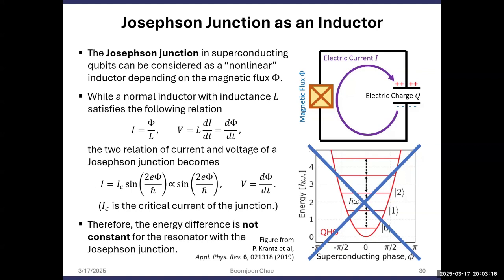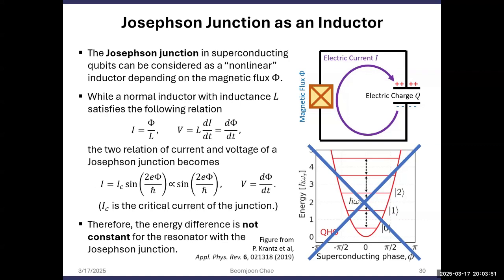But in the case of the Josephson junction, the current and the voltage are described like this. So as you can see, there's some kind of weird difference between them. The current of the Josephson junction is not directly proportional to the magnetic flux phi. Instead, the current is proportional to the sine of something of phi.